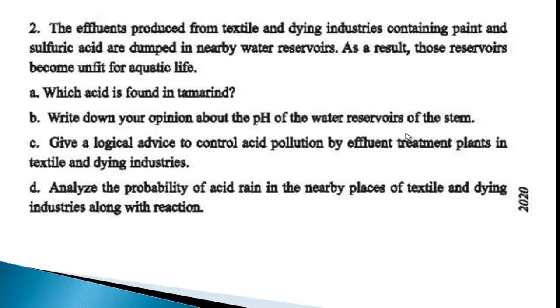So in those industries, we can easily separate this acid from their mixture and collect it, and then we can supply it as raw material to those industries. And also sometimes to get optimum products, we have to use this acidic solution.